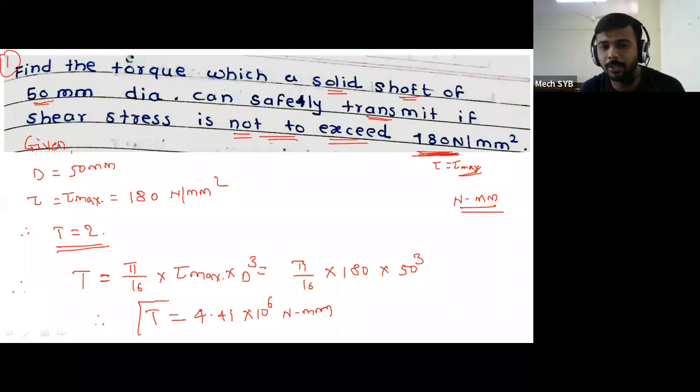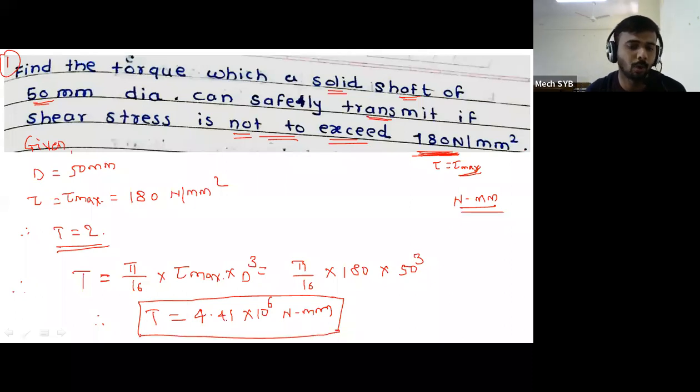That means the shaft mentioned in the statement can easily transmit this much torque, that is 4.41 into 10 raised to 6 Newton mm. So this is the formula which we have to use.